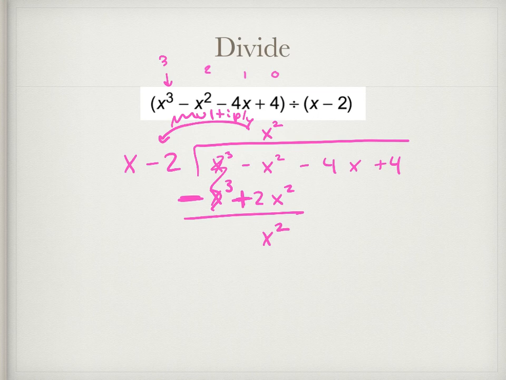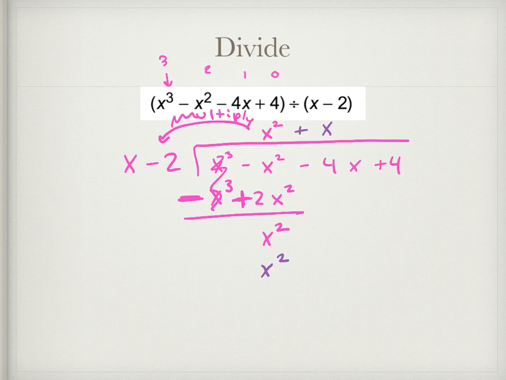What's next? Awesome. What times x gives us x squared? That's x. So we multiply x times x. What's x times x? X squared.